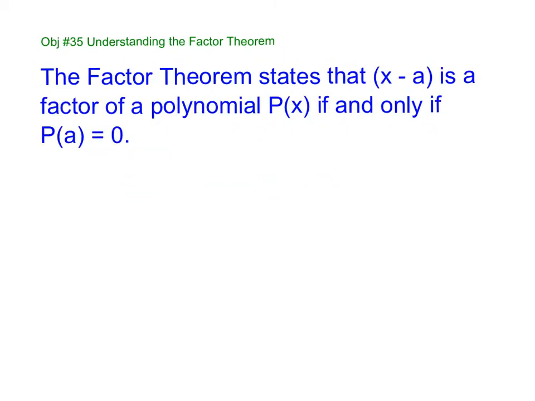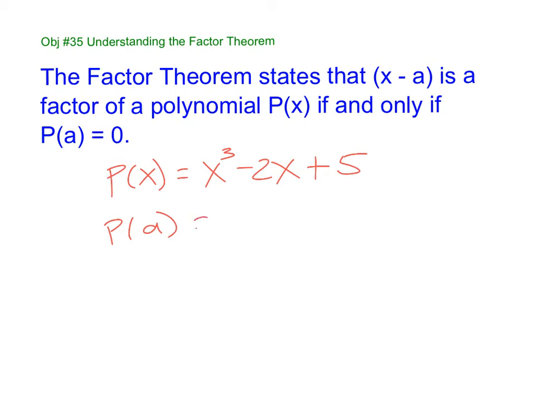All right, so the factor theorem states that x minus a is a factor of a polynomial if and only if p of a equals 0. So if we have a polynomial and we plug in a number, so if I have some polynomial p of x equals, I don't know, x to the third minus 2x plus 5 or whatever, and I plug in an a and I get 0, that means I can factor this.